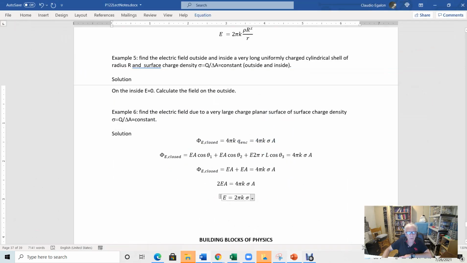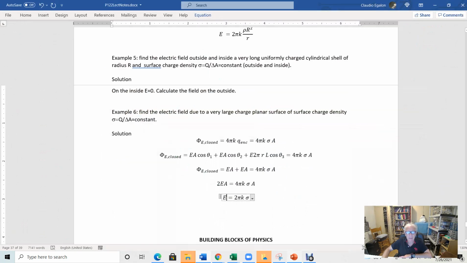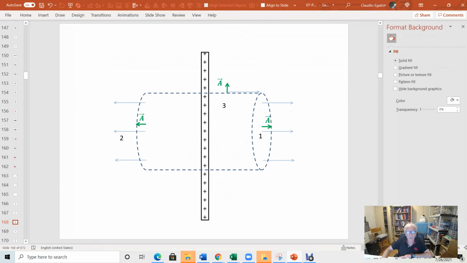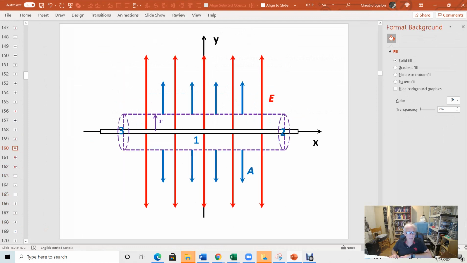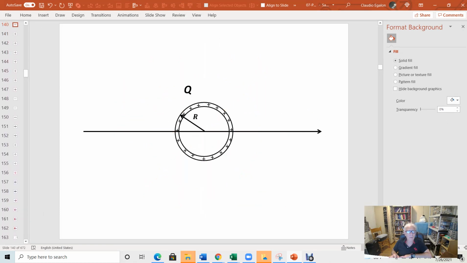Remember that I told you it was a uniform field? Yeah, there is no dependence on this distance from the plate. That's kind of surprising, right? That's what we call the uniform electric field. And that's what we saw previously here, but I didn't tell you how I got to that result.